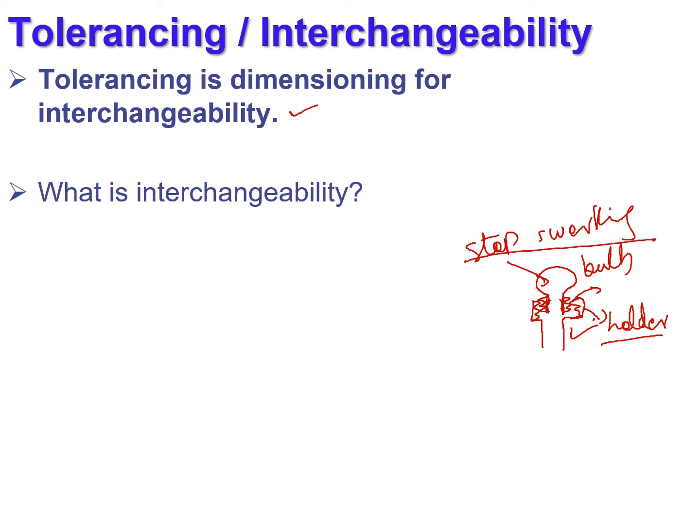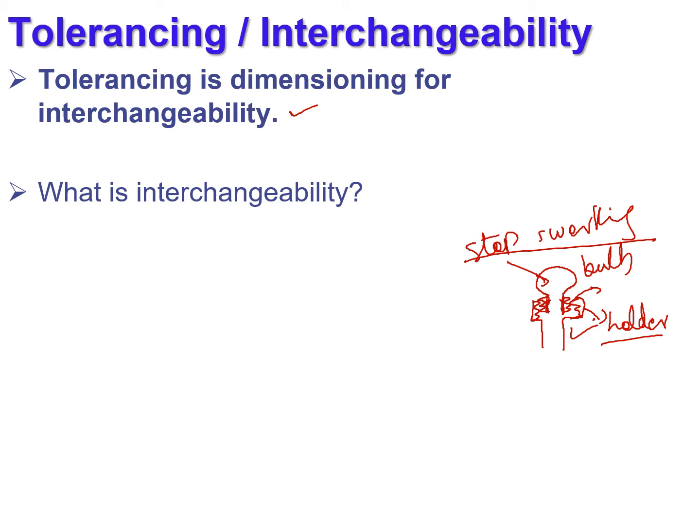So this is a simple example of interchangeability, that when a part stops working or wears out, or is not functioning according to the required standards, then it can be replaced. And tolerances do allow that interchangeability, because in this example, if you are changing a bulb in your holder, you will just make sure that there are threads at the end of the holder, and because the holder is threaded, there should be threads on the end of the bulb. This will be our main concern.